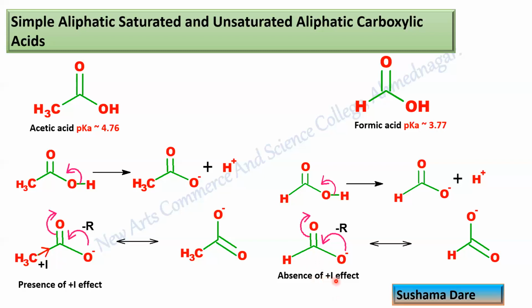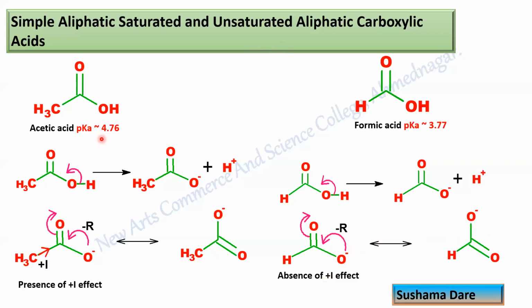So there is absence of plus I effect. And these are the two resonating structures of the formate ion. So once you complete this, the next part of the explanation is, because of these factors, why acetic acid is a weak acid and formic acid is a strong acid.